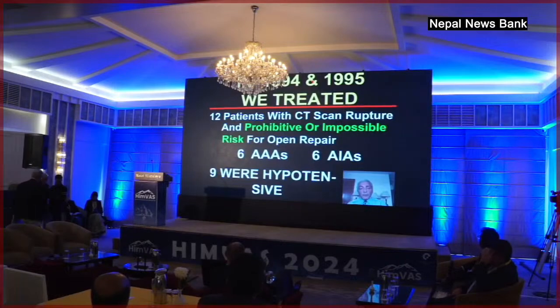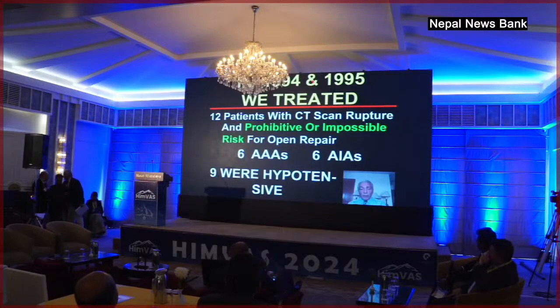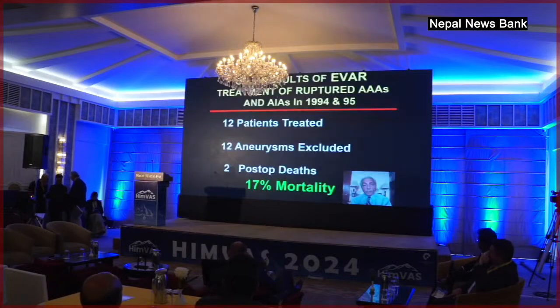Encouraged by this experience, in 1994 and 1995, we treated another 11 patients, all of whom were prohibitive risk for open repair. Surprisingly for us, in these 12 very sick patients, there were only 2 deaths, giving us a very low 17% mortality.